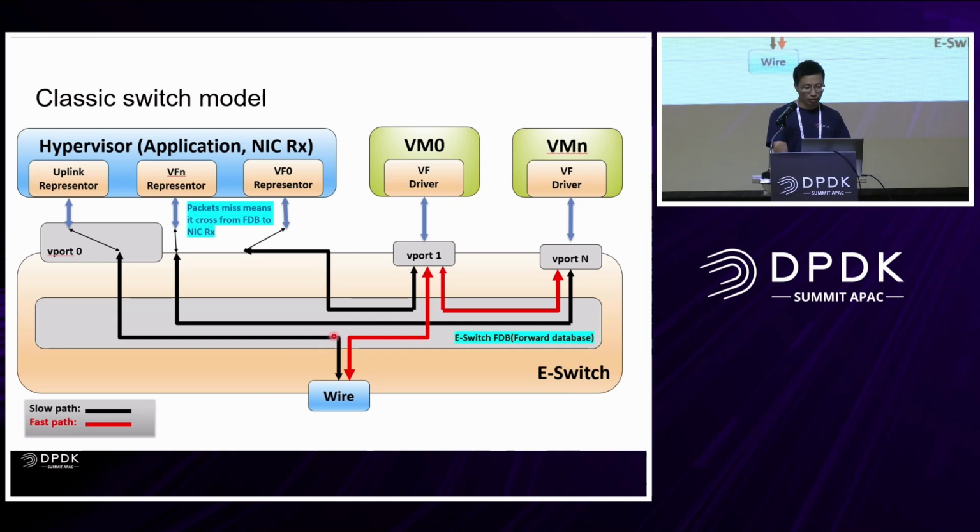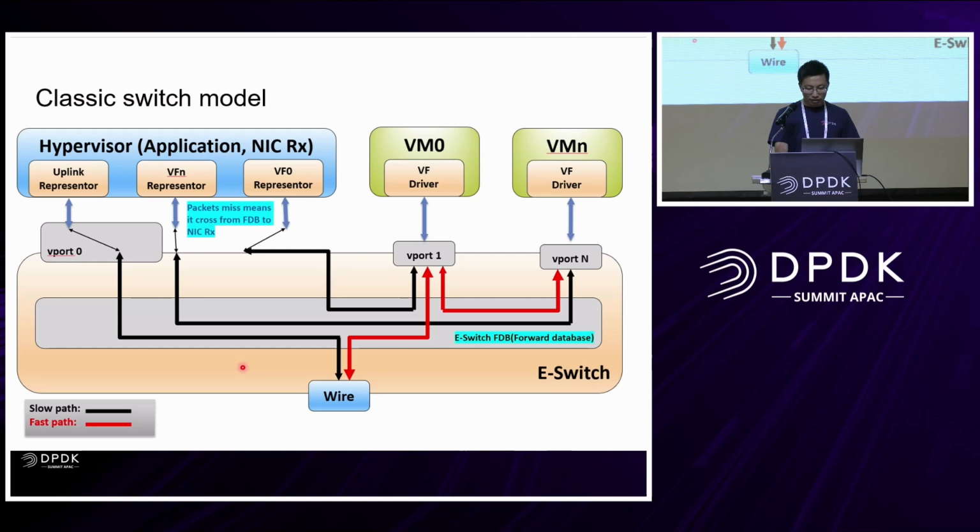Just like the red bold line showed, it will go to its destination as expected, and the application will not need to handle the packet anymore. We call the missed case the slow path, and the hit case the fast path.